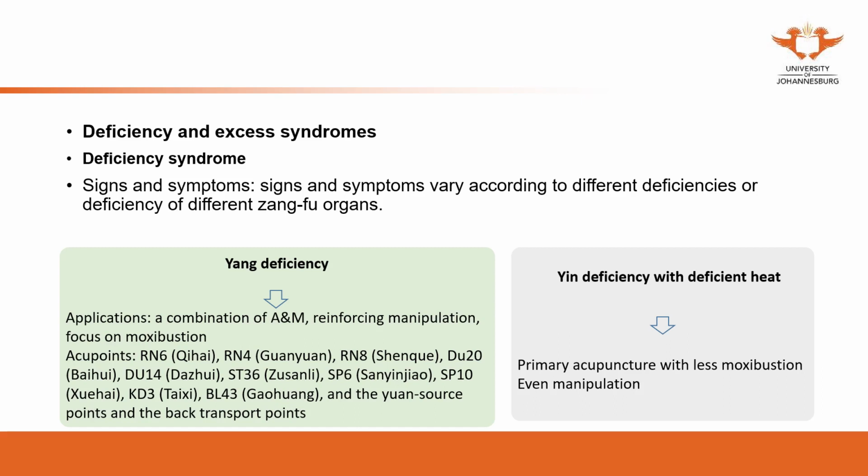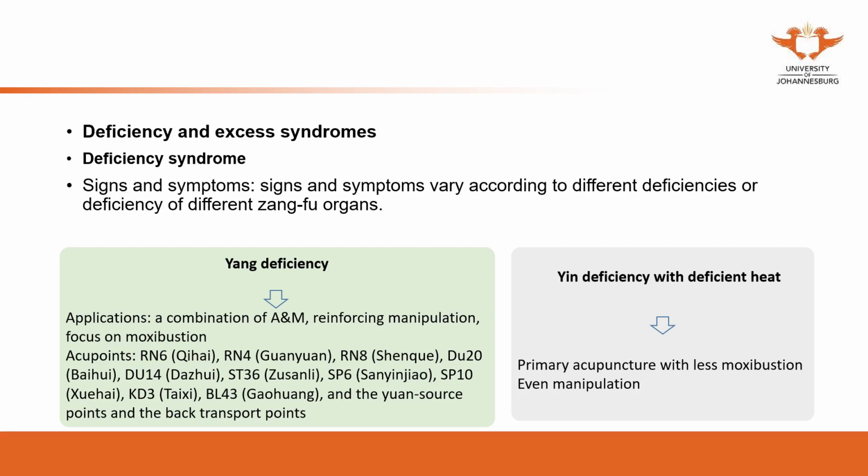As is described in the Huangdi Neijing, Suwen, the first volume, or the Plain Questions: the accumulation of pathogenic qi is called excess. The lack of essence and qi is called deficiency. So as you can see from this clause, deficiency refers to the deficiency of antipathogenic qi.